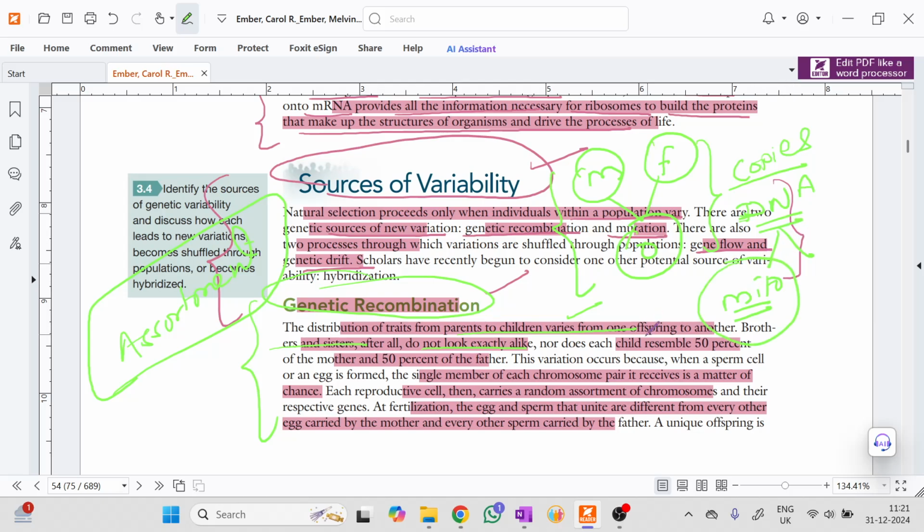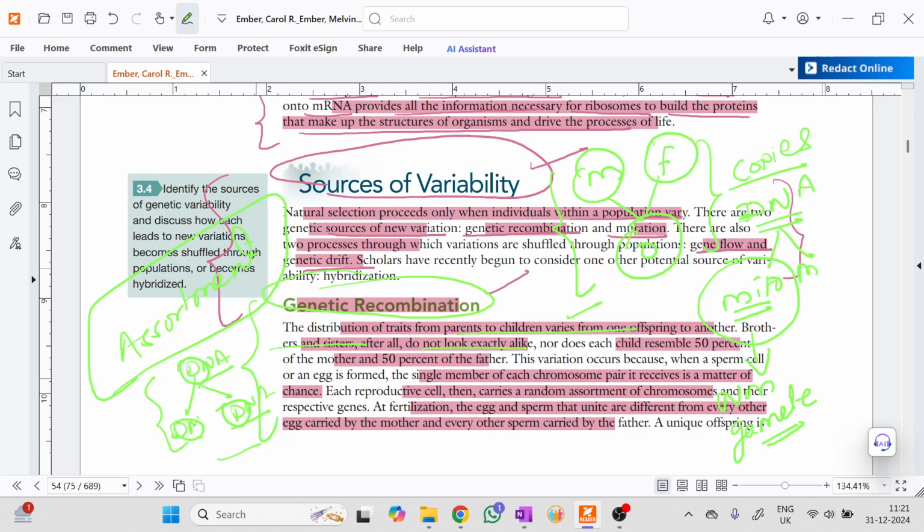The first one is mitosis, which deals with all the non-gamete cells. Here the mechanism is simple. One cell divides into two, and so the basic code of the first parent cell is copied exactly into the daughter cells. No such variation is there. It is a simple exercise.